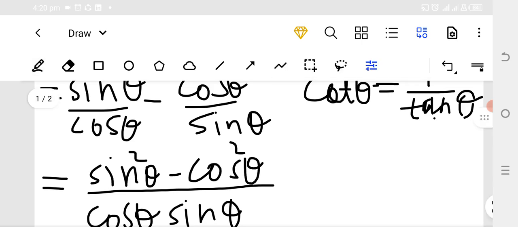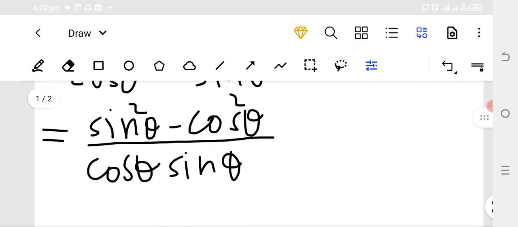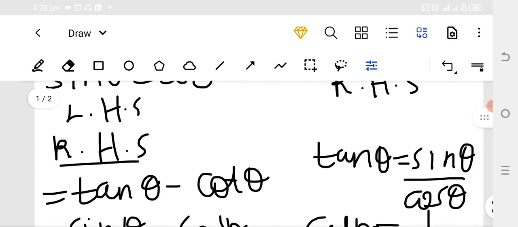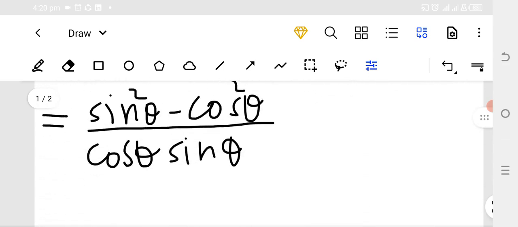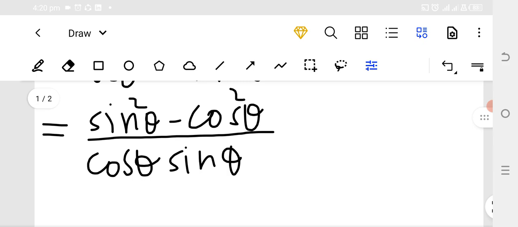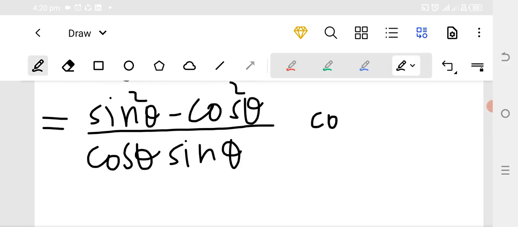And then when you reach this stage, it's like you're getting very much closer to the left-hand side of the equation. Look at the left-hand side of the equation, we had that there. So we're getting closer to having that particular answer. And if you look at the answer, there was nothing containing cos theta squared. So you need to think of the identity that cos theta squared is equal to 1 minus sine theta squared.